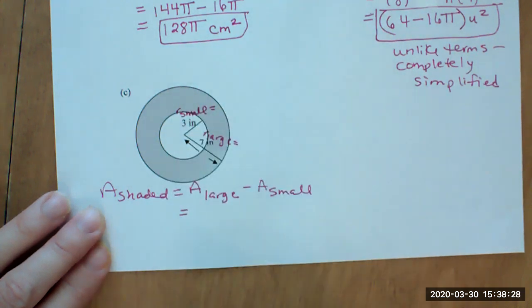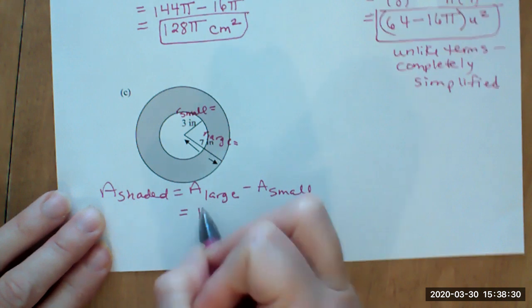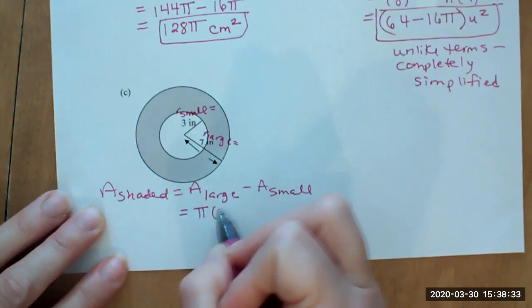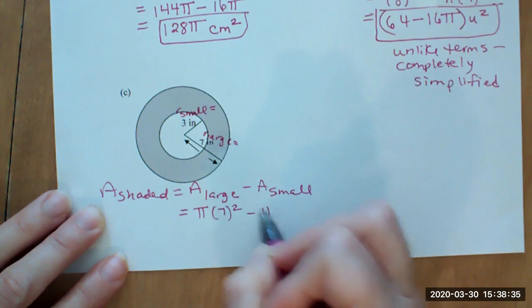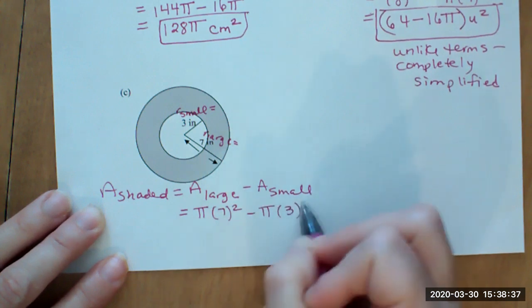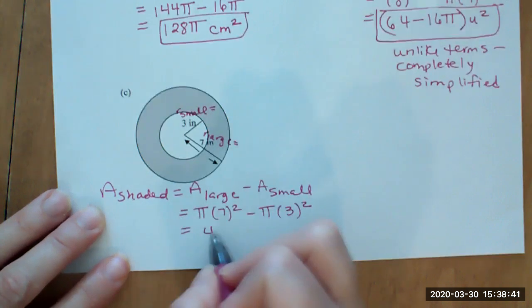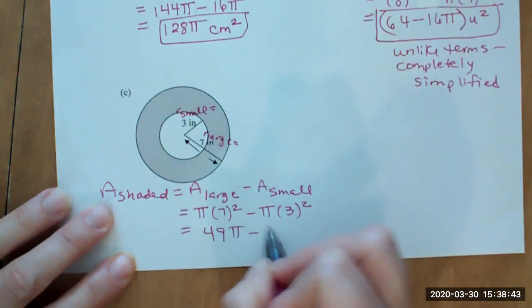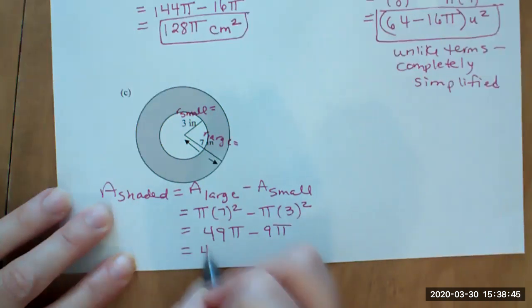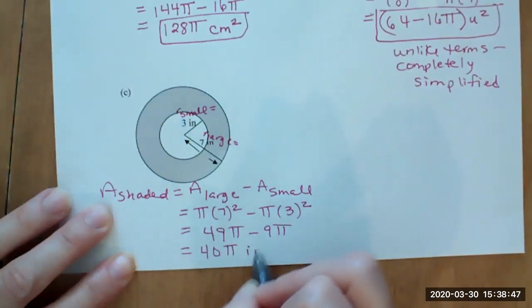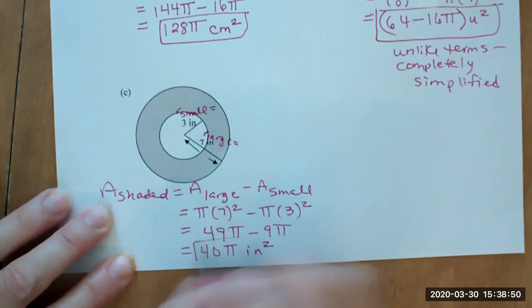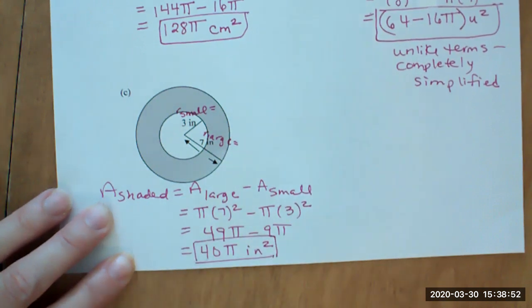So this one's really straightforward. We're just going to say pi times radius of large squared minus pi times radius of small squared. Okay? And so all I'm going to say is 49 pi minus 9 pi gives me 40 pi inches squared. That would be part C.